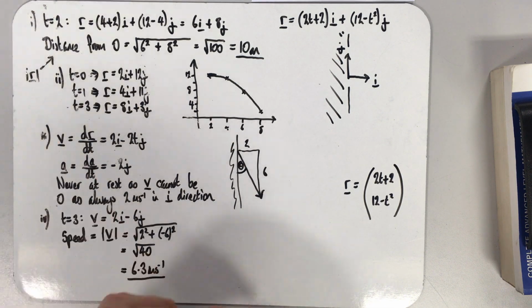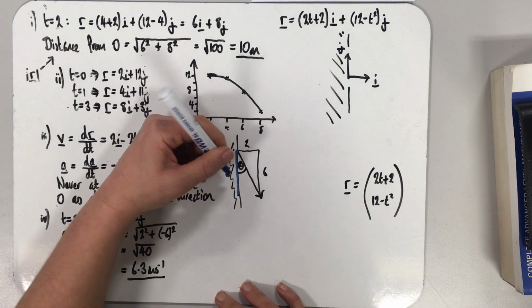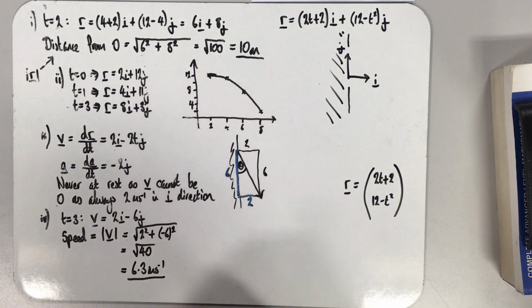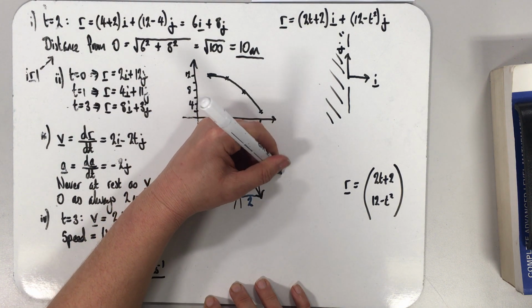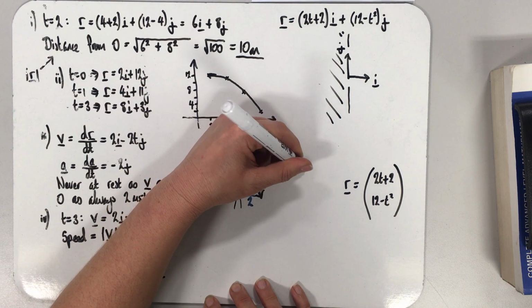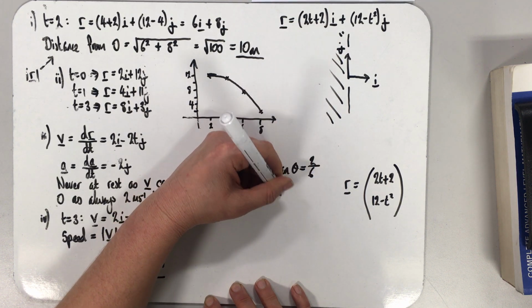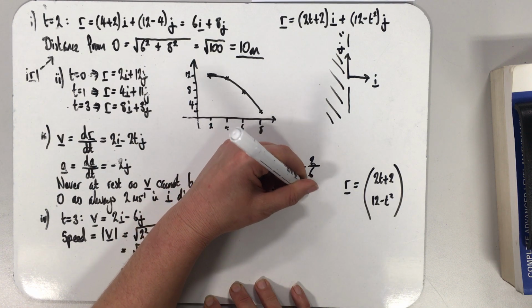So the angle with the line of the beach, we've got 6 down, 2 across, and so we can use tan theta equals 2 over 6. And so theta comes out as 18.4 degrees.